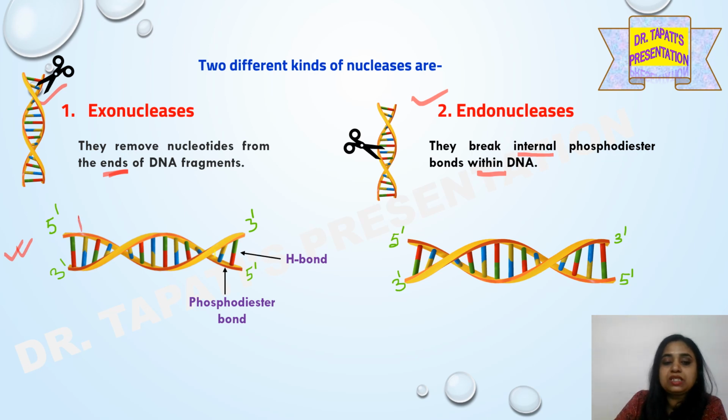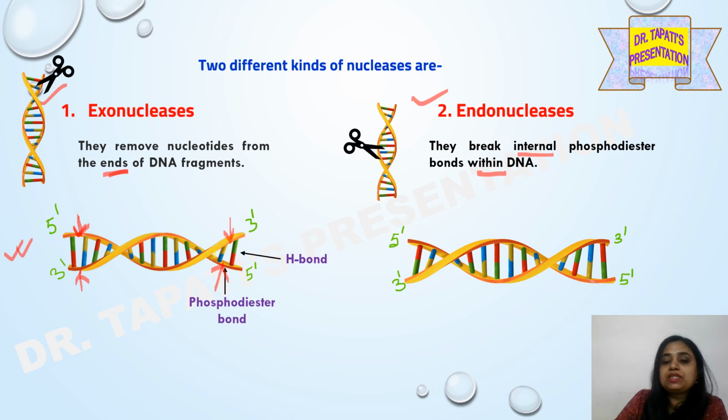So this is the position where 5' to 3' exonuclease will act. Whereas 3' to 5' exonuclease removes nucleotides from the 3' end. So that enzyme will act on this position.